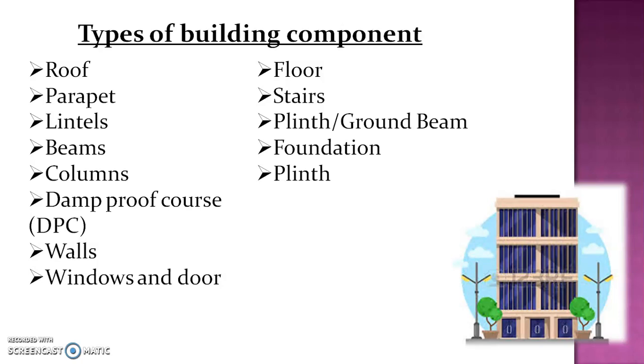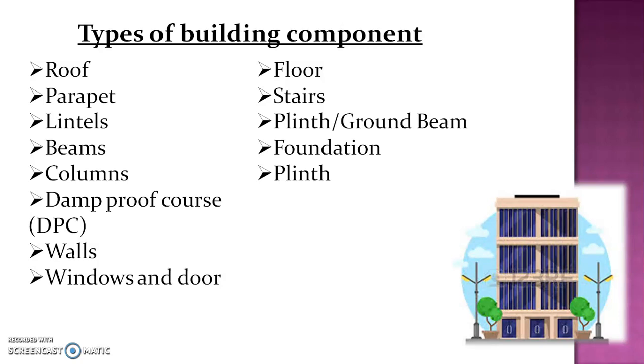Parapets are walls constructed around the top floor open space, like galleries or terrace, to protect the user. Lintels are horizontal parts generally constructed above any opening. Beams and columns are the main structural elements of RCC or framed structures. Damp-proof courses are used to protect the building from entry of moisture.